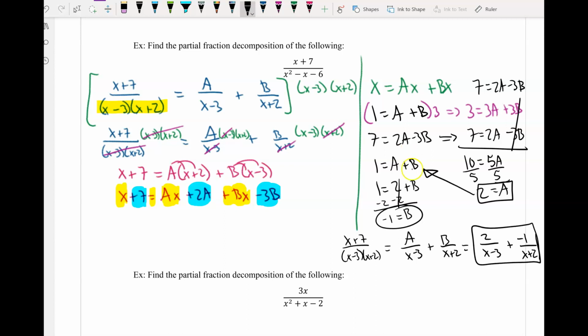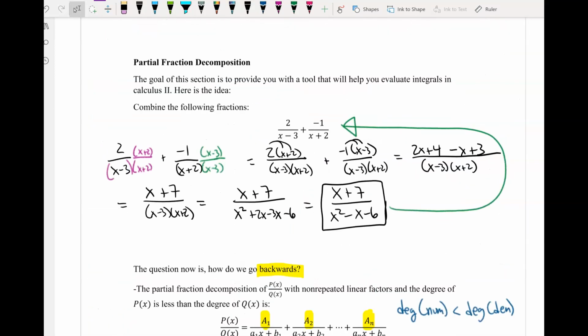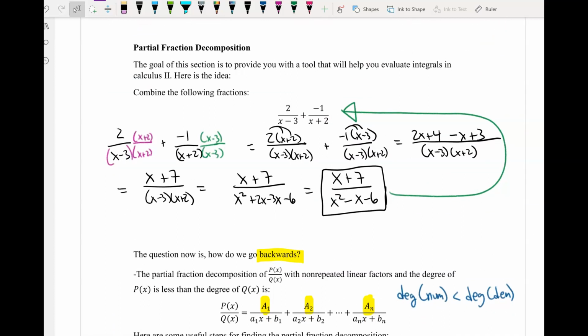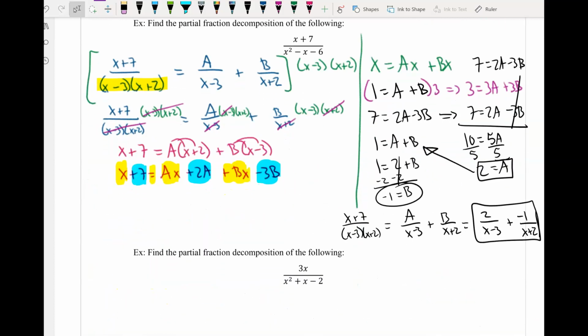And as you can see, this solution is exactly the same as the one that we have up here, which is actually pretty cool. So yes, this involves a little bit more work. But we're going to do some more examples in the next couple of videos so that you can get used to doing problems like this.